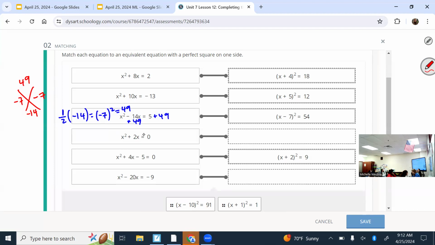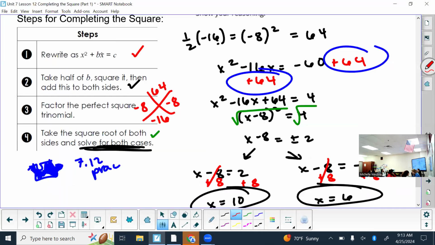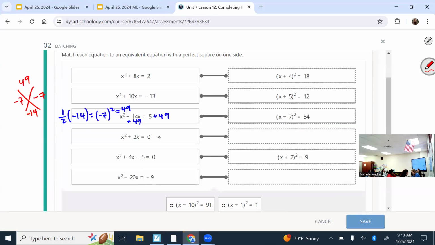Okay, what number then do you see? So 0 is already on the right side. So for this method, that's what we want. We want the single number to be alone on one side, and we want the x squared and the x term to be on the other side. So that step's already done.